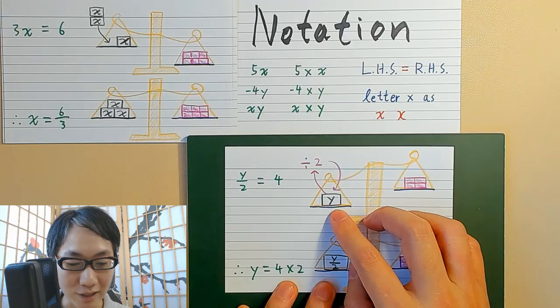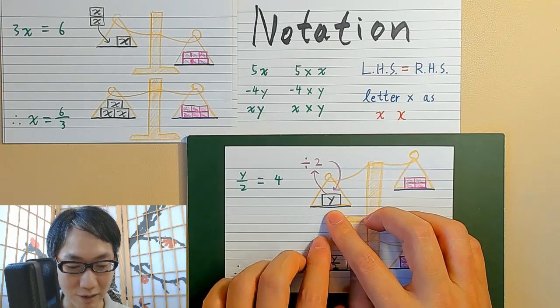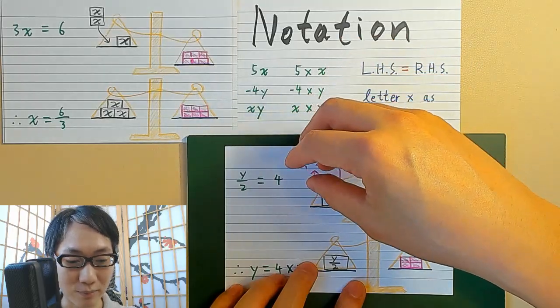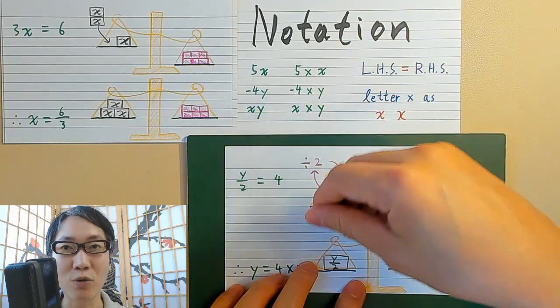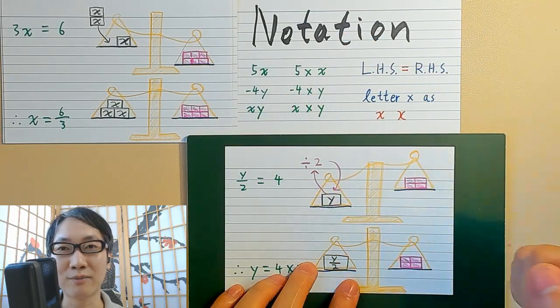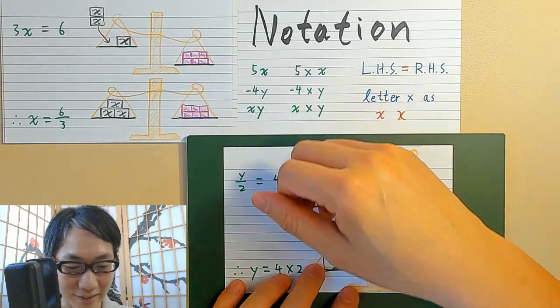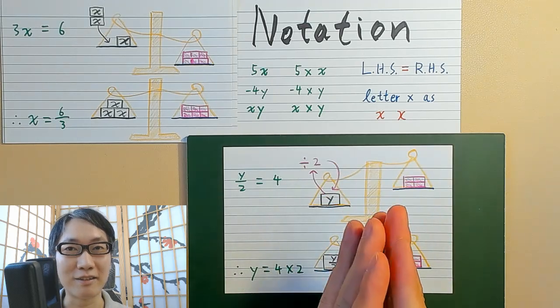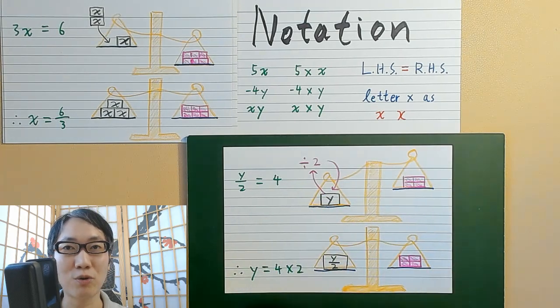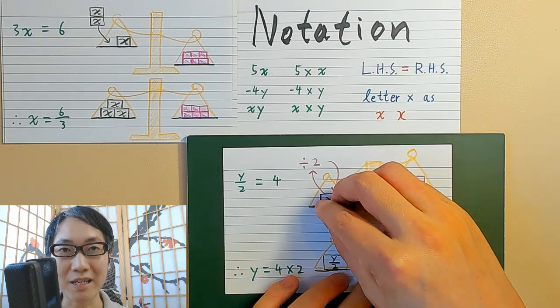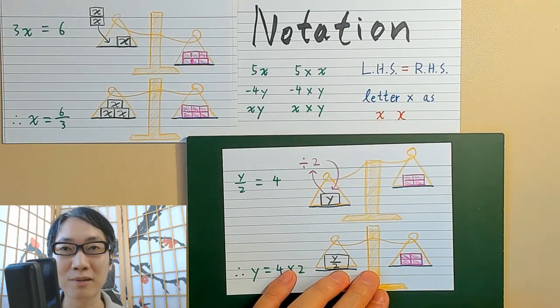So we ask a person, our friend, to grab all the unit masses inside y. Don't show us, we can't see. And then they divide into 2 equal portions, and then bring one portion back into the unknown box.